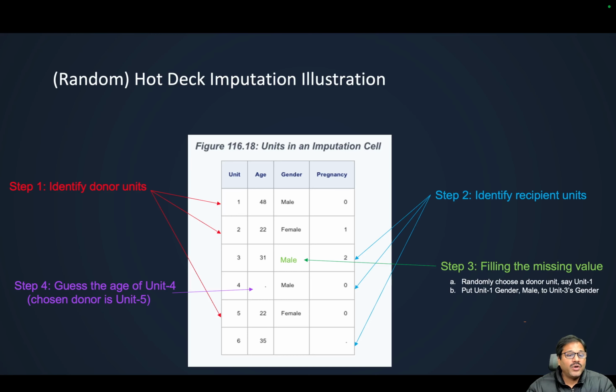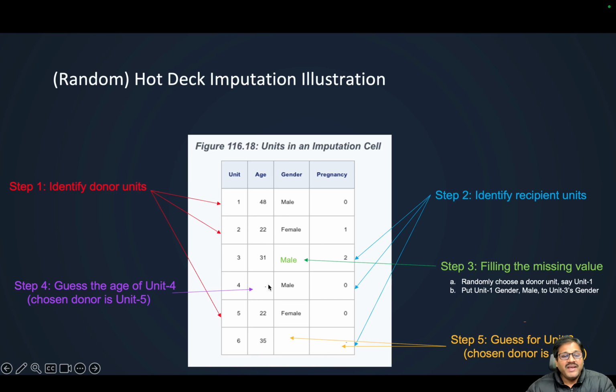Assume that the donor is unit 5. Please pause this video and try to answer what is the age of unit 4 if the donor is unit 5. If the value you guessed is 22, then it is the right answer, because 22 is the value of unit 5, which we keep here.